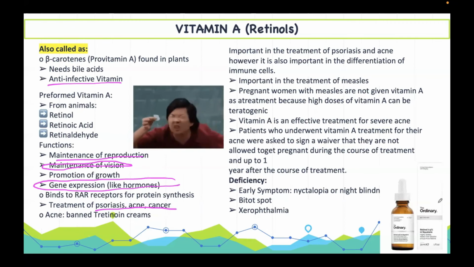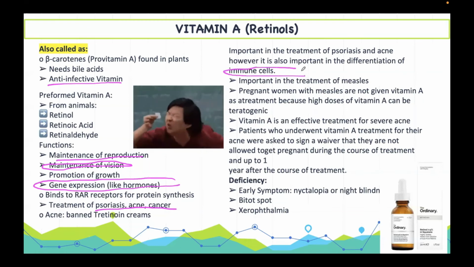However, meron din po silang mga forms katulad ng isotretinoid in a form na mas toxic siya or mas harmful, pero mas effective naman siya in the treatment of your severe acne. Hindi po siya over-the-counter. It is being prescribed by your medical doctors. It is important in the treatment of psoriasis and acne. However, it is also important in the differentiation of your immune cells.